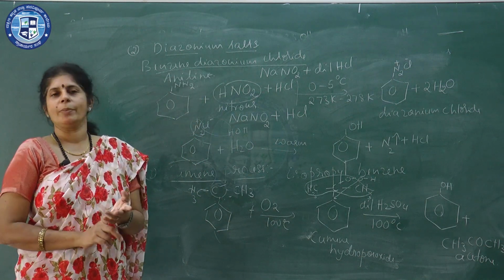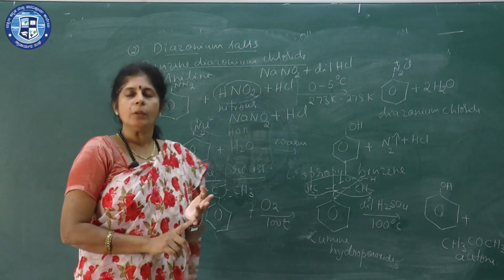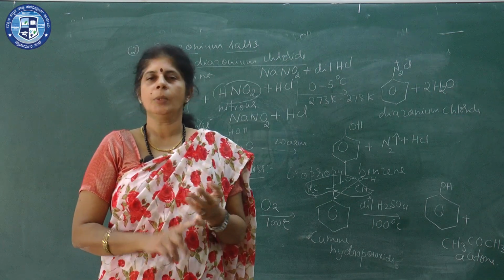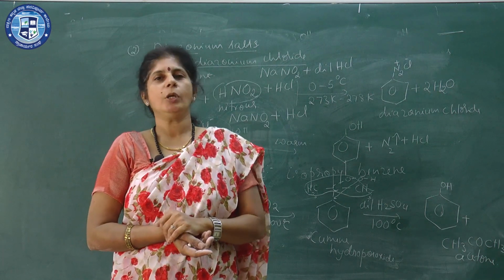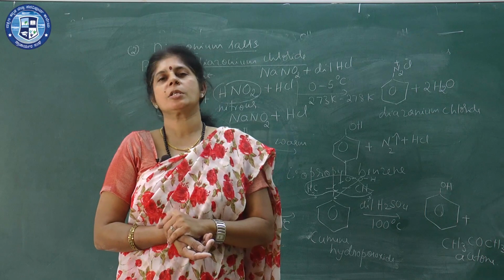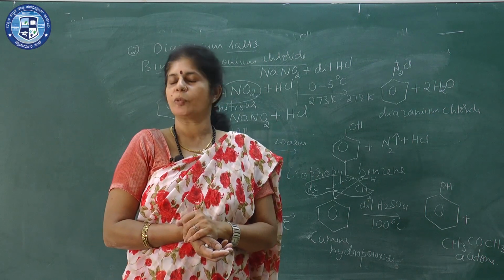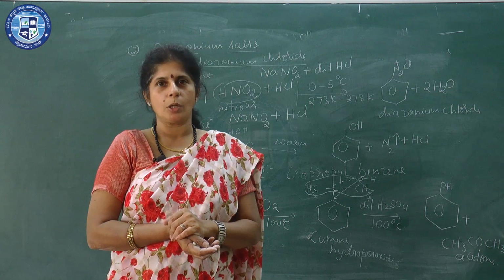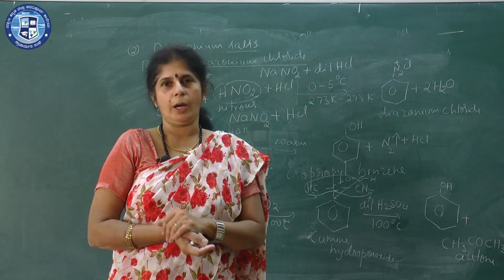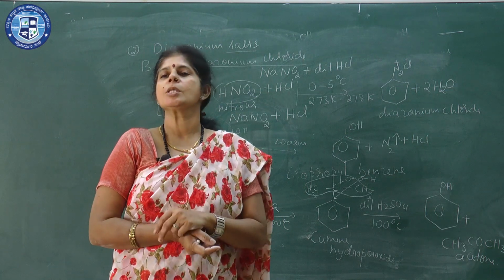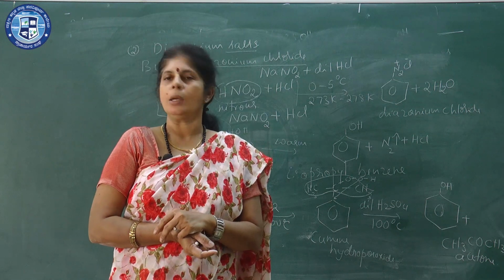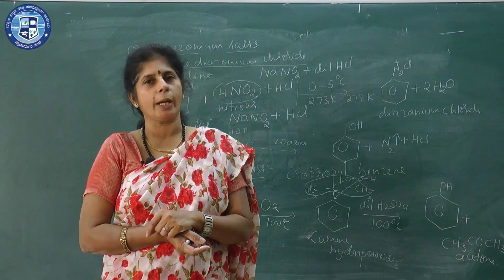So we covered 3 methods now. One from benzene, that is by sulfonation. Heating with sulfuric acid, the obtained benzene sulfonic acid is fused with sodium hydroxide, finally acidified. Second method is from benzene diazonium salt or chloride.